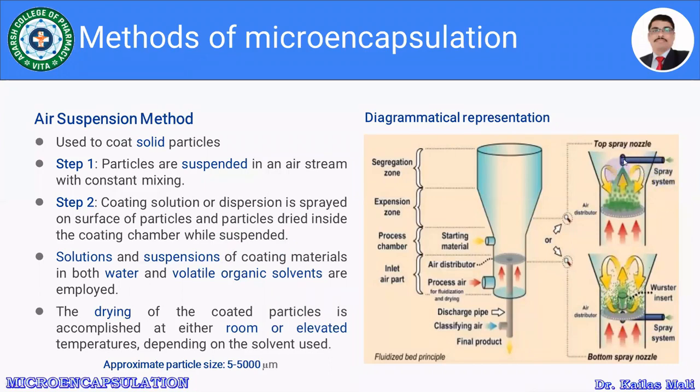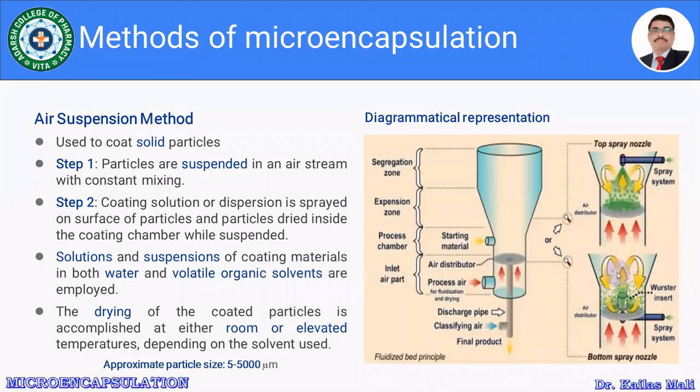So this is the atomizer, isn't it, which helps to spray the coating solution or coating formula onto the fluidized particles, isn't it? The solution and suspension of coating material in both water or volatile organic solvents are employed.